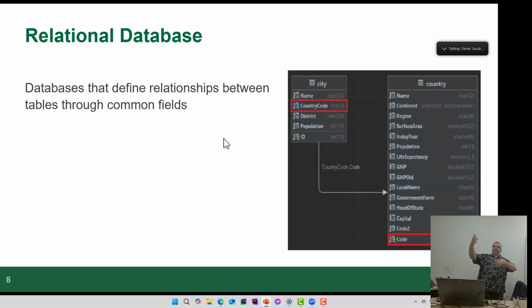For example, the point of commonality between me and you in this class is 25W CST8260 section 300, right? Because we're being mapped through that relationship. When we talk about relationships in the database, that's exactly how those work.